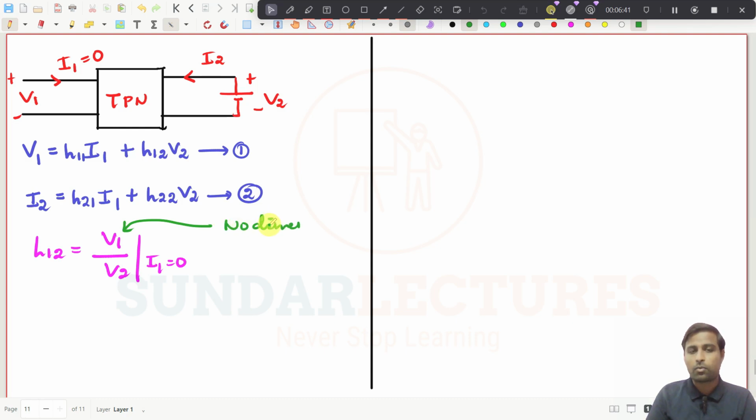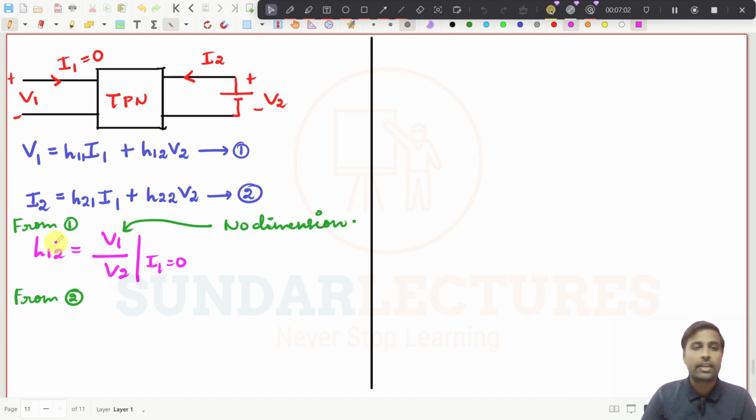Try to understand. Why? Because both are voltages. If you divide both voltages, then you don't have any dimension, which means you don't have any SI units, right? Then this is from 1. And if you are going for the expression number 2, what you will get?